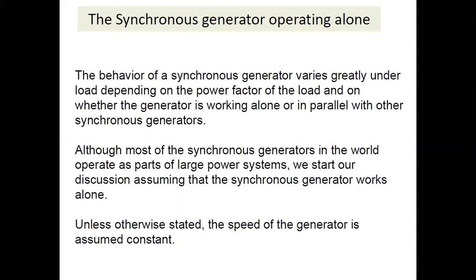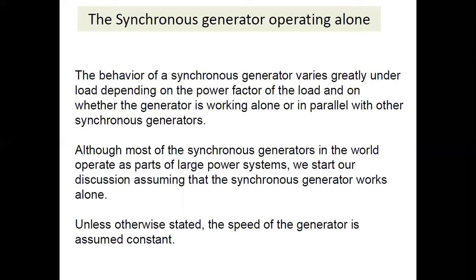Very few cases are there where synchronous generators are operating alone. Almost all synchronous generators which are feeding power to the large power system are operated in connection to that particular large power system, where many generators are supplying power.